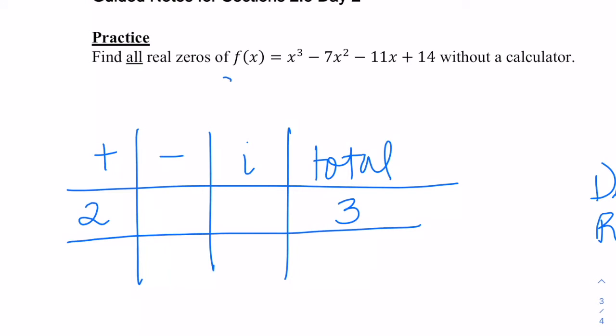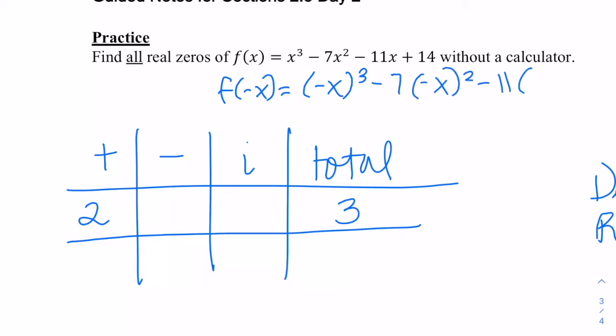Now let me plug in f of -x to confirm how many negative roots we'll have. So I'm going to plug in -x cubed minus 7 -x squared minus 11 -x plus 14.